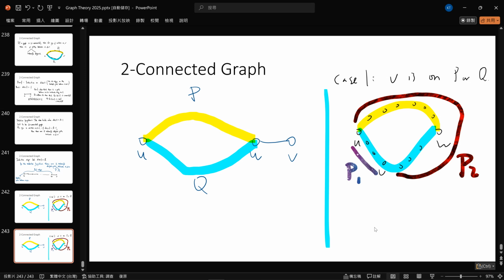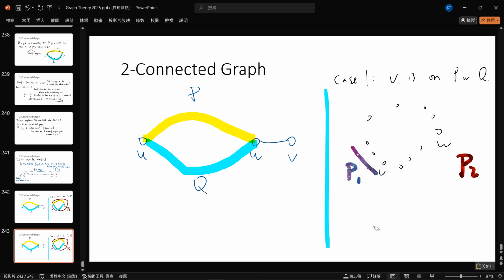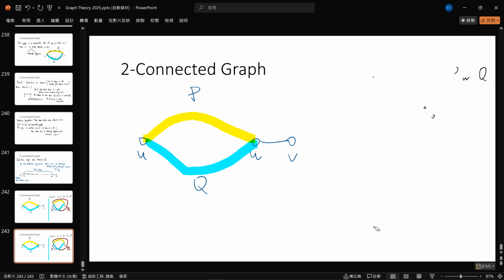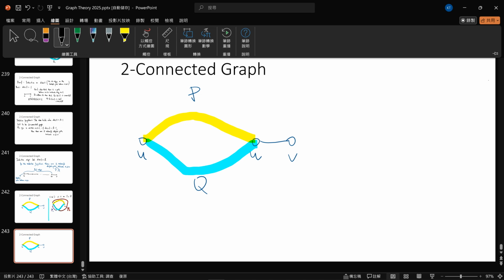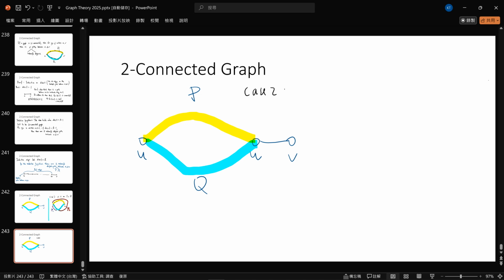Let's consider case two. Case 2 happens when V is not on P or Q. So this is the tricky case. Let me check my notes.